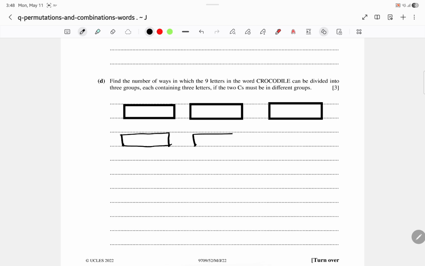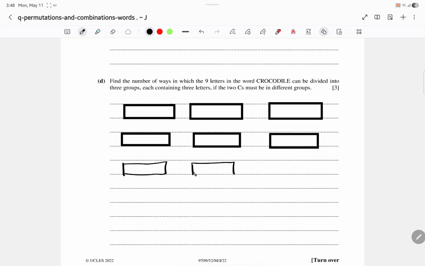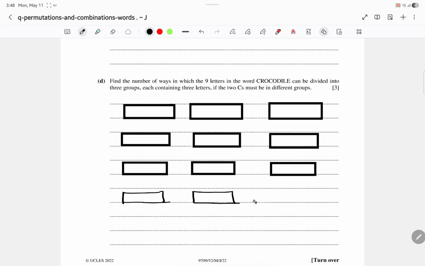One group, 2, 3, 4, 1, 2, 3, 4, 1, 2, 3. Okay, so let's consider this is group 1, this is group 2, this is group 3.